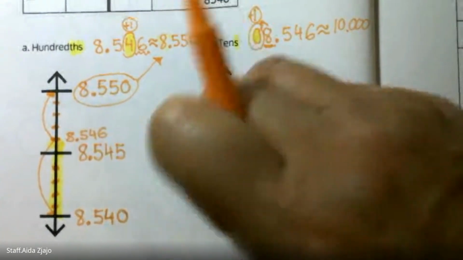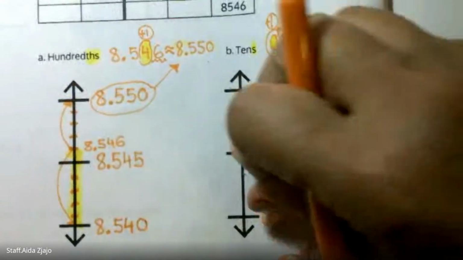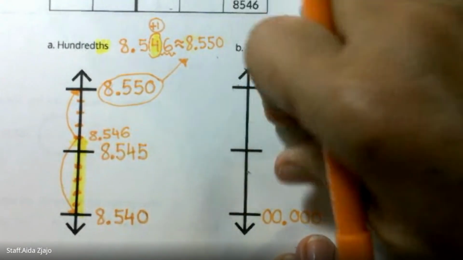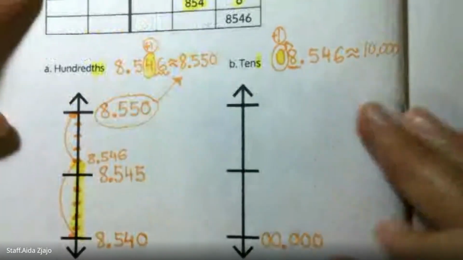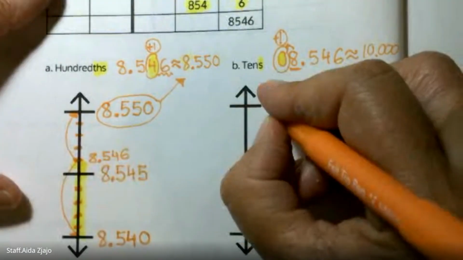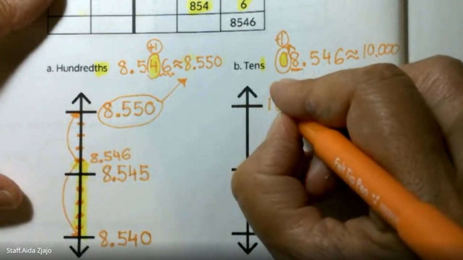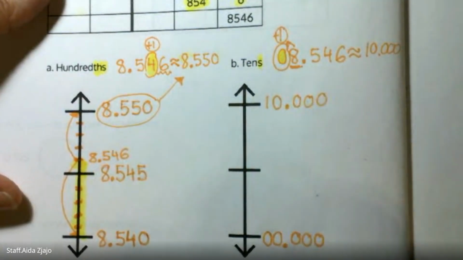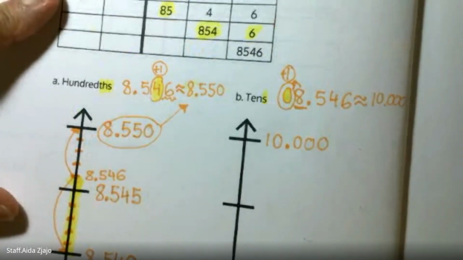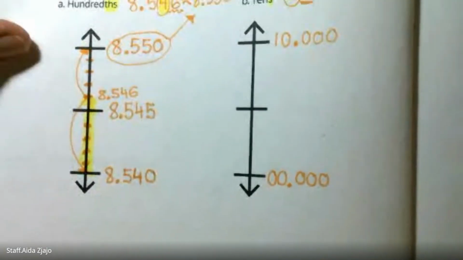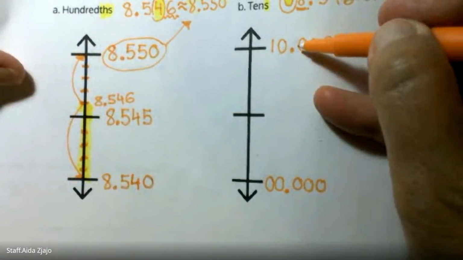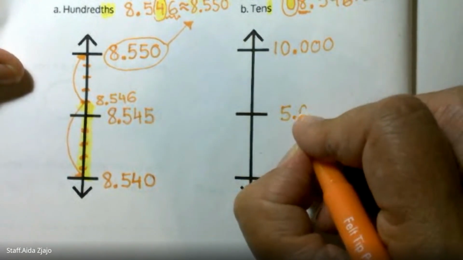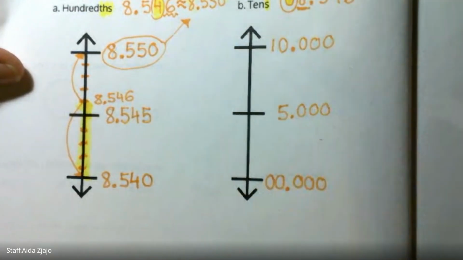That is what you're going to do. So now when you have 0 tens, the next point is 1 ten, and that is 10. And then we can also write thousands, but in between 0 tens and 10 there is 5. So 5 is the midpoint, correct?